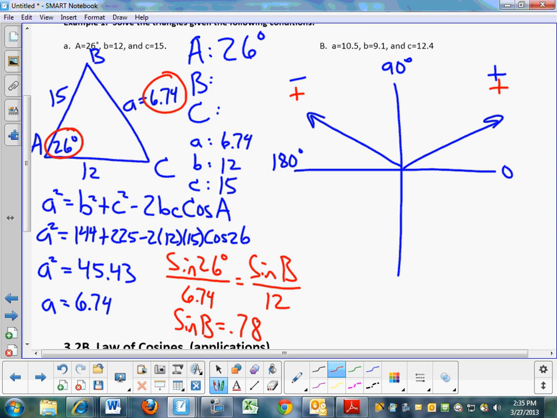Pause. Hold on. We'll inverse in a second, but watch. Sine is equal to 0.78. Where is sine positive? First quadrant, second quadrant. So how do you know whether to use the acute angle or the obtuse angle?